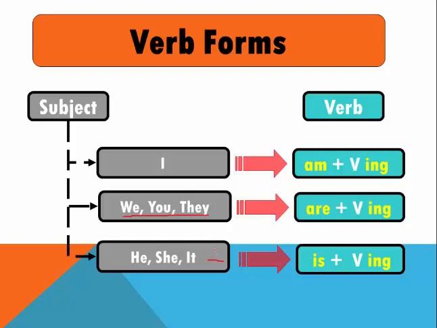And singular is not written here, but you can assume it here. So with I, you will use am plus the ing form of the verb. With we, you, they, and other plurals, you use are. I am writing a letter. They are writing a letter. And here, he is writing a letter. Ram is writing a letter. So it's simple, you know that.